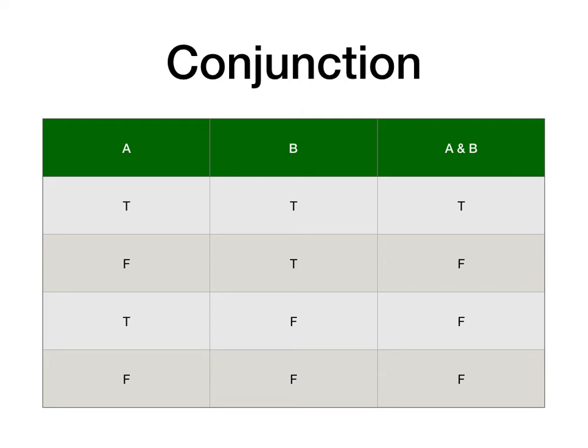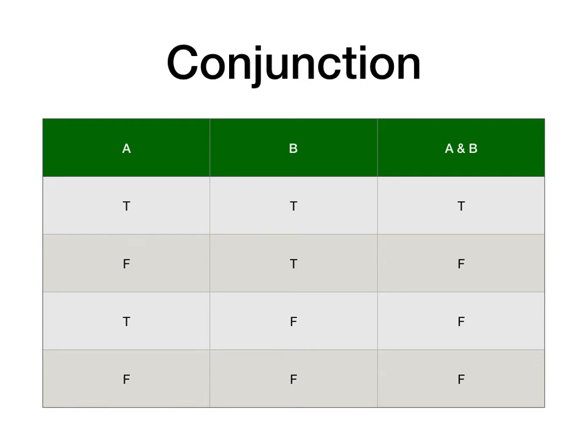If I say Virginia Beach is a city in Virginia and Norfolk is a city in Virginia, the whole statement is true because both parts are, right? So conjunction, A and B, is only true on this very top line when A and B are both true.